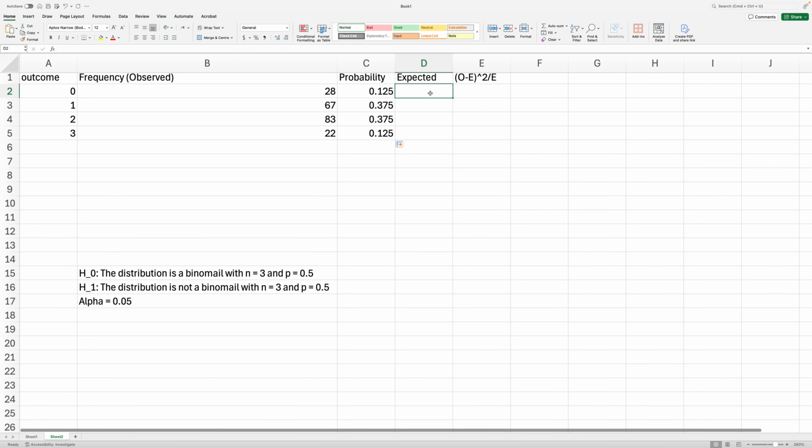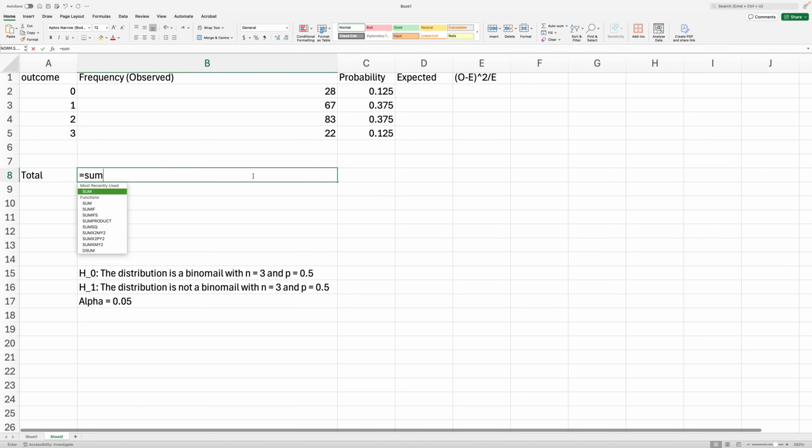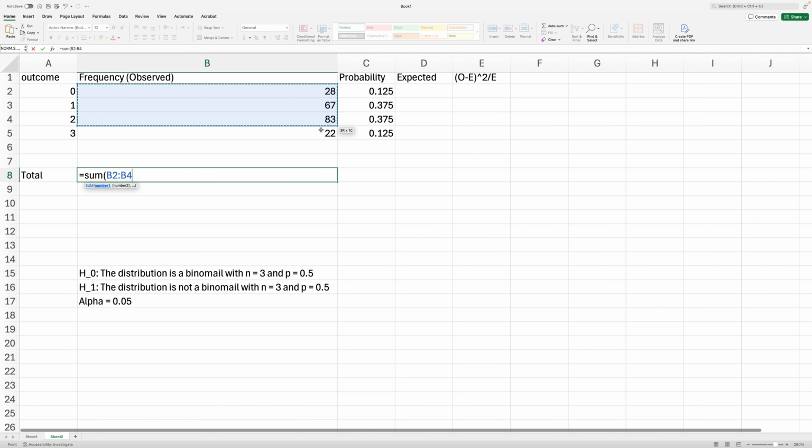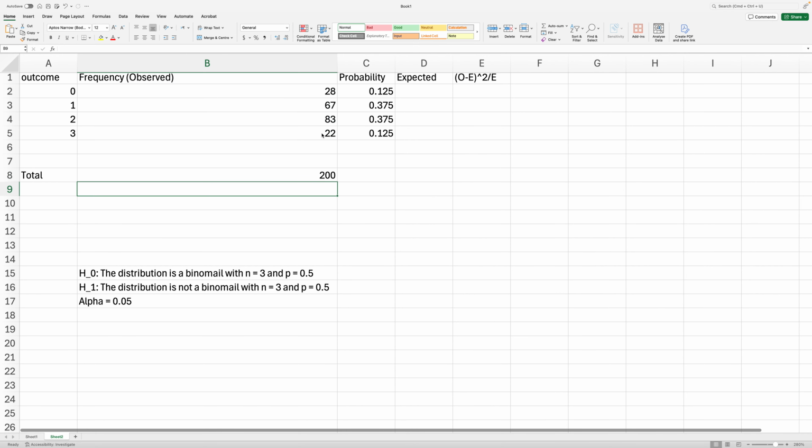Then I need to find the expected. First of all, I need to find the total of the observed, because the total of the observed needs to be the same as the total of the expected, and the total of the probability must be 1.